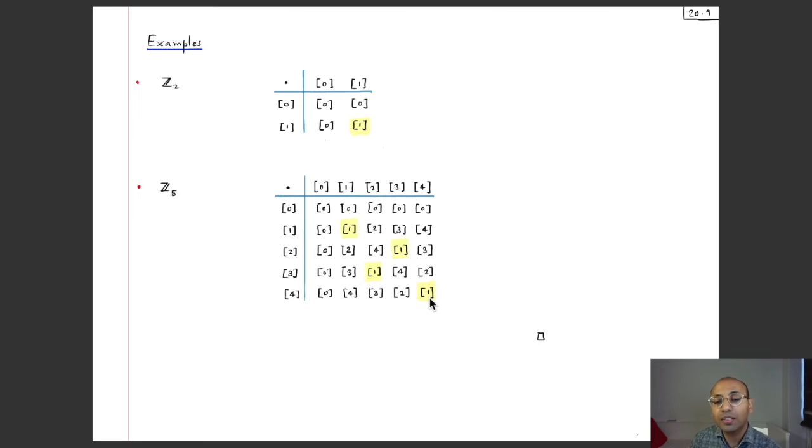Indeed, 16 is congruent to 1 mod 5, because 16 minus 1 is 15, and 5 divides this. So in this case, we see that each of the non-zero elements does have a multiplicative inverse, as was promised by the previous theorem.